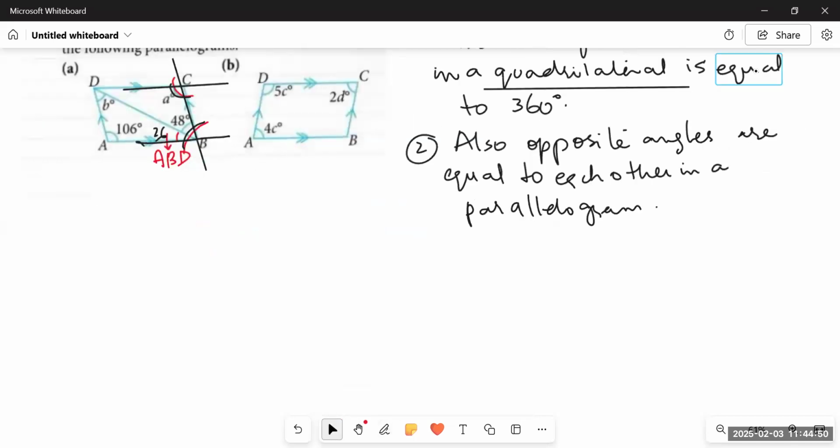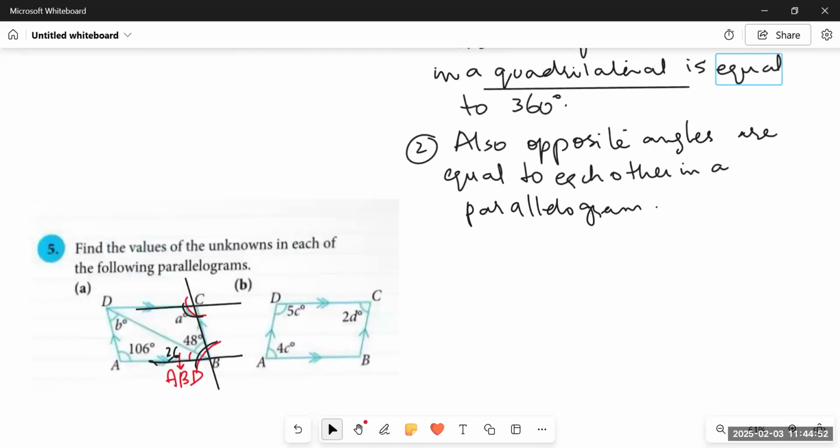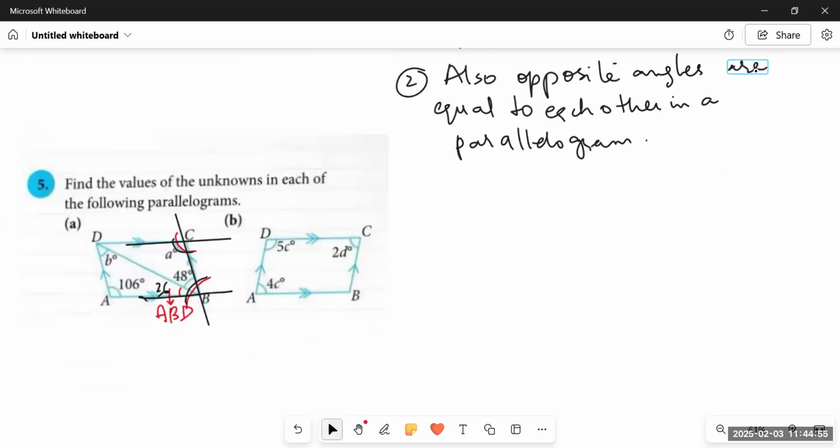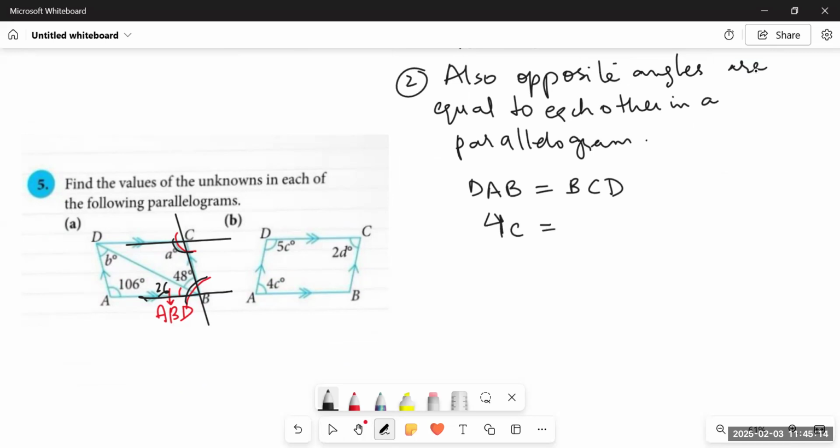So from here, we can say that if the opposite angles are equal to each other, it means angle DAB is equals to angle BCD. Angle DAB is given as 4C and angle BCD is given as 2D. It means 4C is equals to 2D.